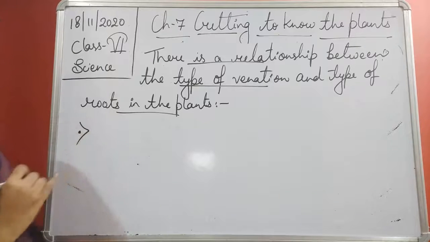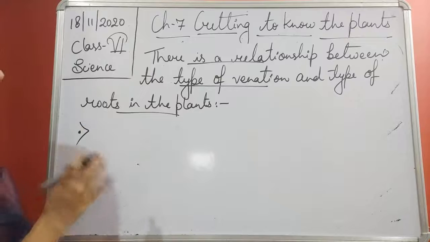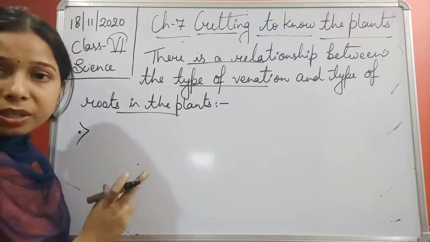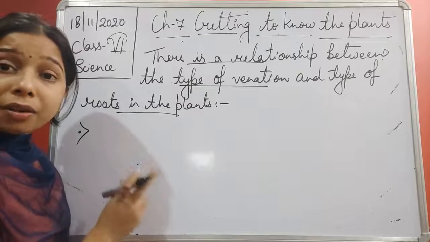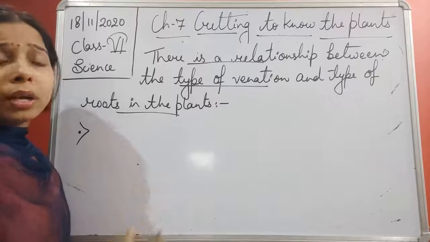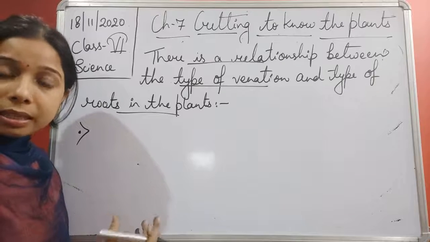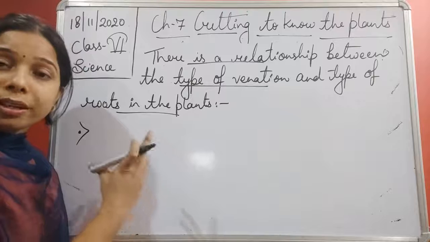The first thing is that if a leaf is having reticulate venation, it will have a taproot. It means by looking at the leaves, students, you can say what kind of root the plant will have.